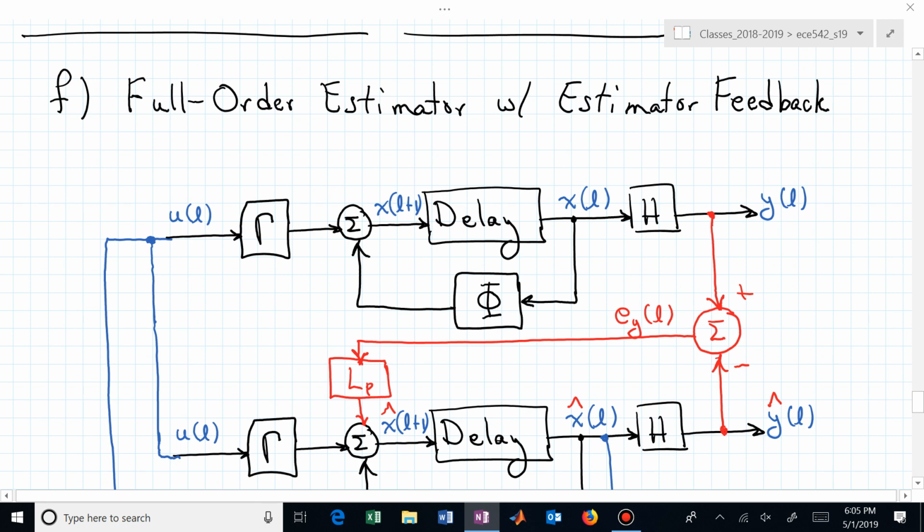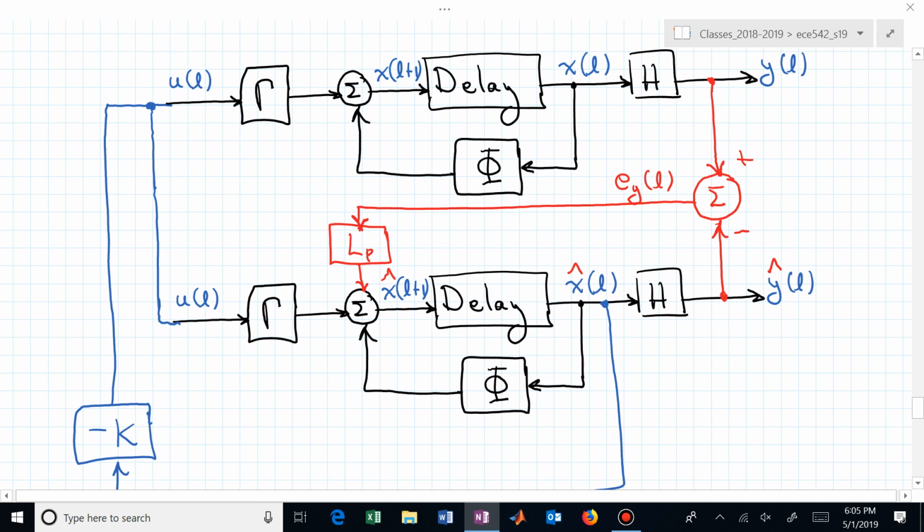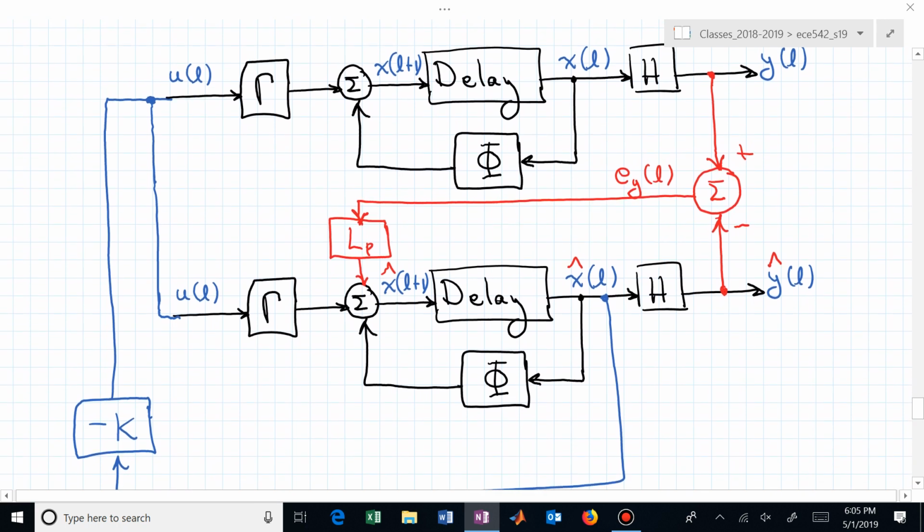Now, if that estimator is effective, why don't we use x hat to actually control our system? Because now we're assuming we can't go in and access x. Our system dynamics don't allow us to have that many sensors, let's say. We've now created an estimate of x, calling it x hat.